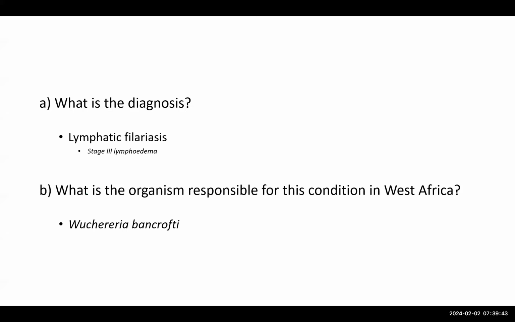There's a staging for the lymphedema, and it appears this patient from the description has stage 3 lymphedema. When I come to discuss, I will give details on this staging. What is the organism responsible for this condition in West Africa? It's Wuchereria bancrofti. There are other species responsible for the condition in other parts of the world.